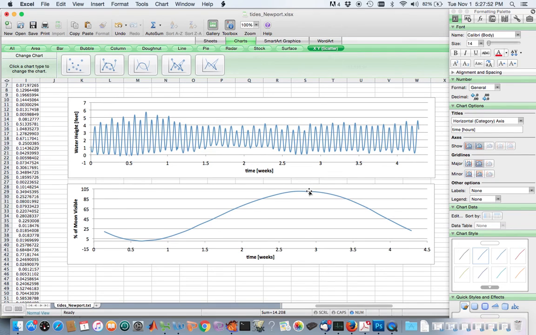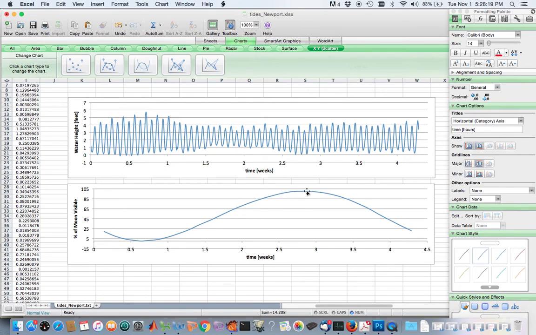And plotted below it is the percent of the moon that's visible during the course of June. Now this is relevant because this tells us what lunar phase existed at this time. So if 0% of the moon is visible, that means that we're in a new moon phase and that the moon is positioned directly between the Earth and the Sun. So this would be a new moon right here, where 0% of the moon is visible.